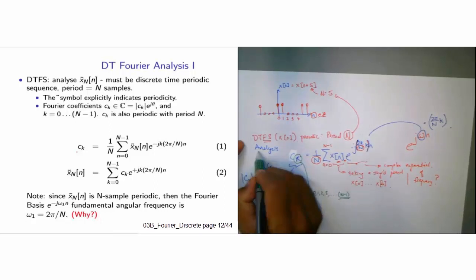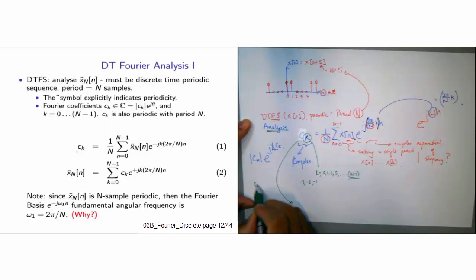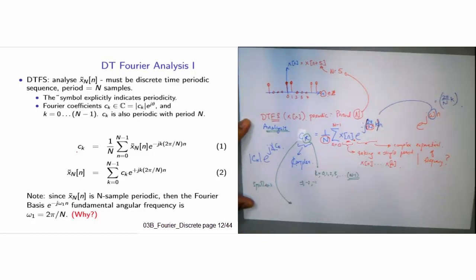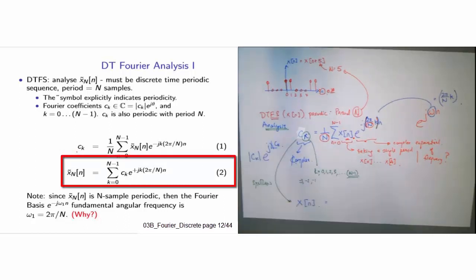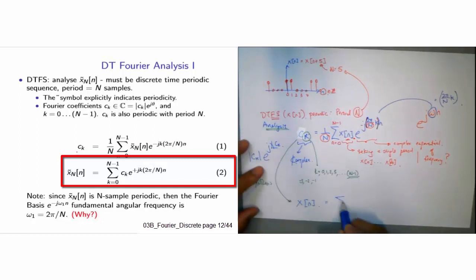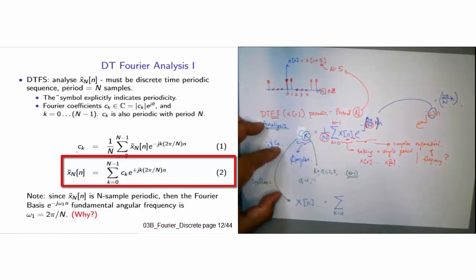All right, so we have the analysis equation, and now we want to reconstruct. So now I want to show the synthesis equation. The synthesis equation means let us reconstruct x of n from Ck, and the answer is the summation of k equals 0 to k equals N minus 1 of Ck e^(plus j 2 pi over N k n).